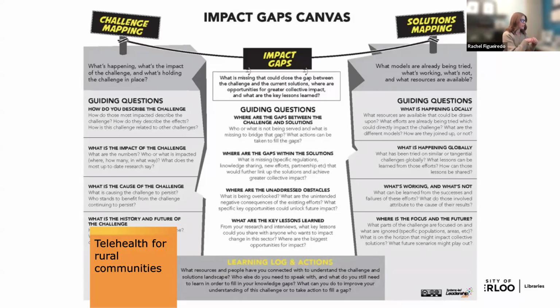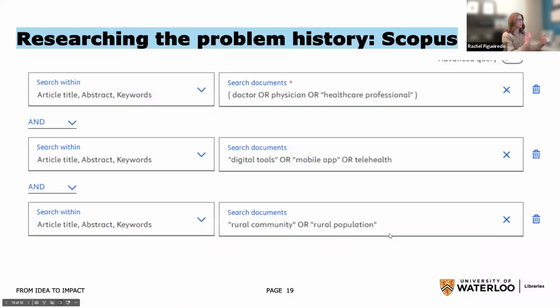What I might do is actually take a look and start writing in. So at one point when I had done this search, one of the examples that popped up was around rural communities. And so more specifically than just sort of the challenge of doctors and patients communicating, it was focusing on a particular population. So that's an example of where I want to keep track of my research findings.